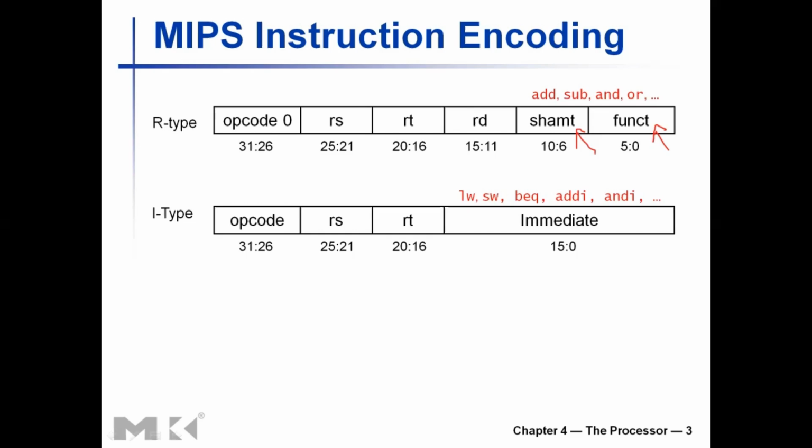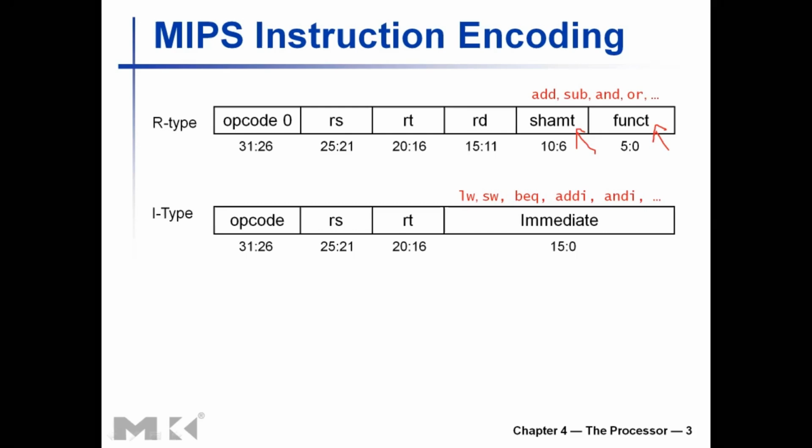So, in the case of a load instruction, what you're trying to do is go to the memory at a certain address, bring the value and put it in a register. The address of the memory that you're trying to refer to will be defined by this register RS and this immediate value.